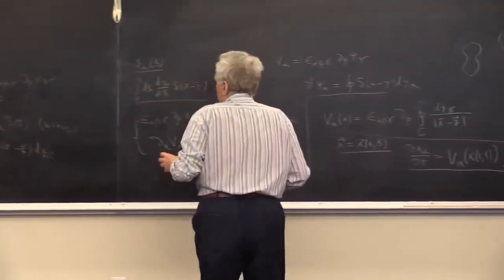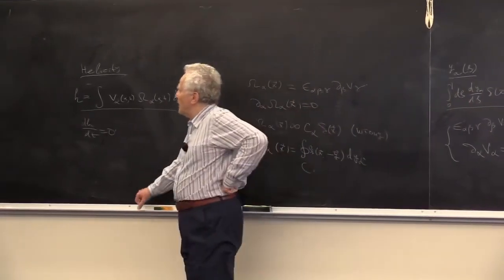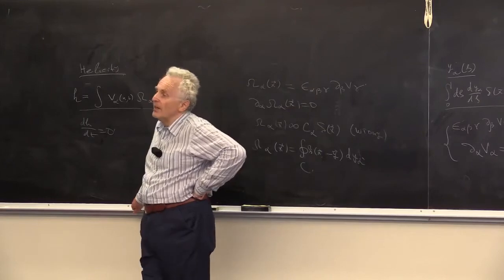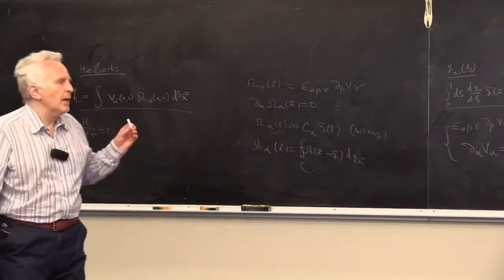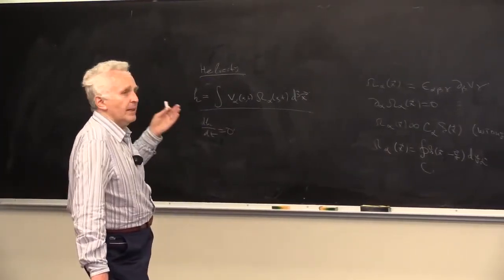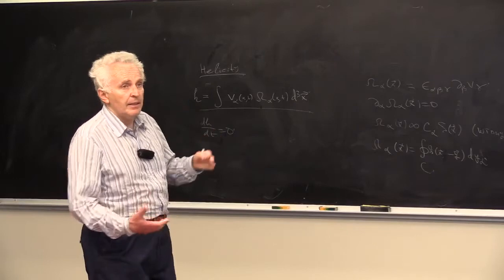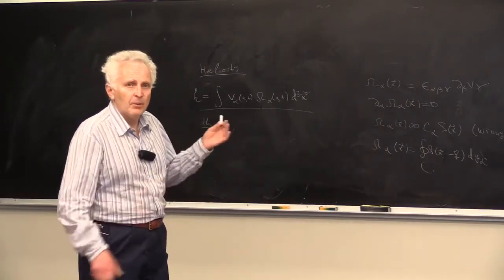Now, by the way, what would justify the name of helicity here? What I mean is, what are the transformation properties of this thing? Is it a scalar or not a scalar, and so on. So what would you say?